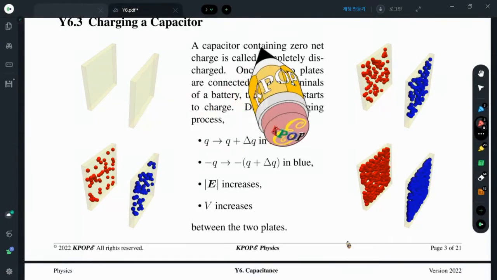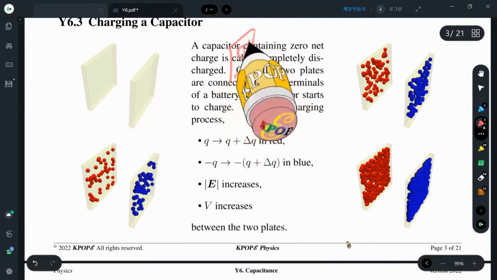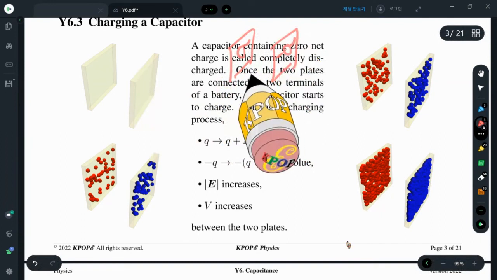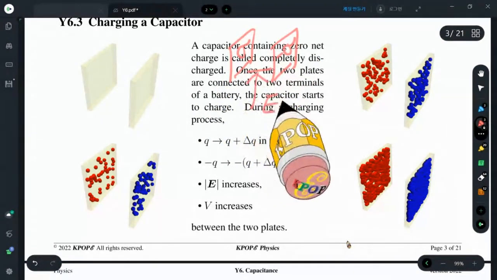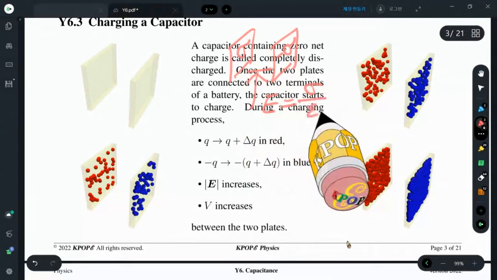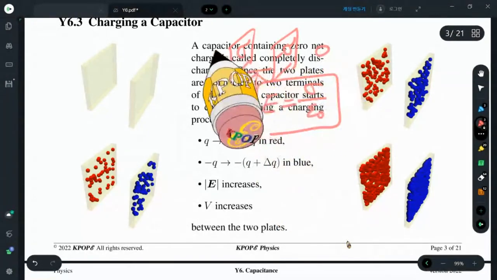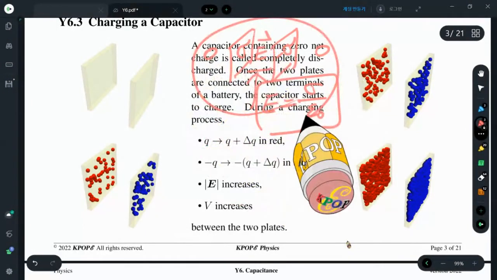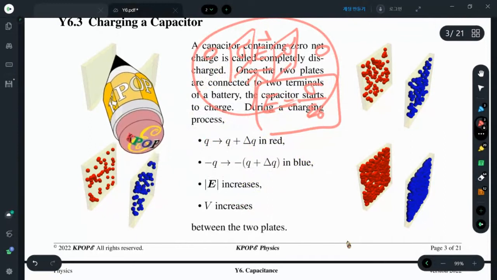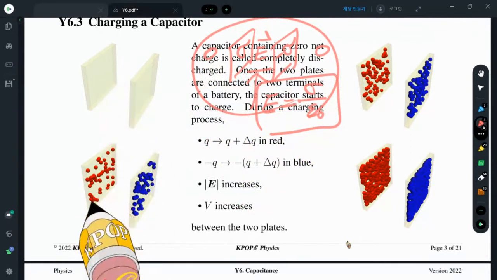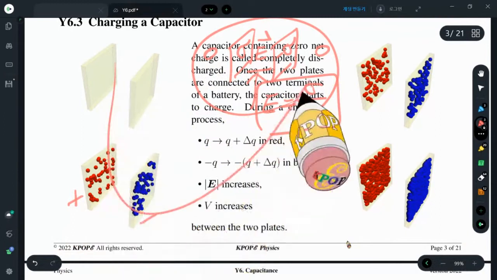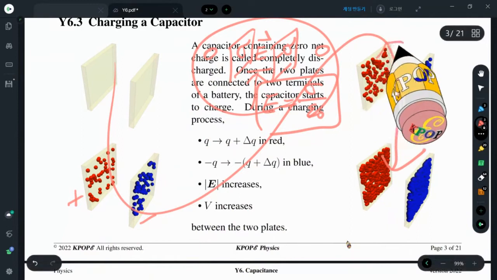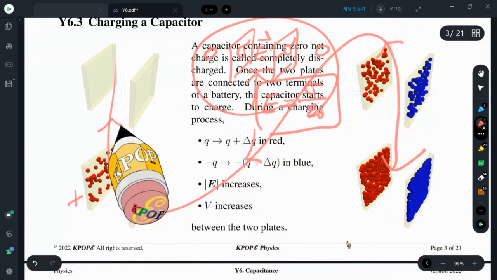We remember if a plate is charged with sigma and the other one is charged with minus sigma, there is an electric field of sigma over 2 epsilon 0, and outside the electric field is vanishing. Remember, the process of piling up charges, plus and minus, is called the charging process. The reverse process is called discharging a capacitor.